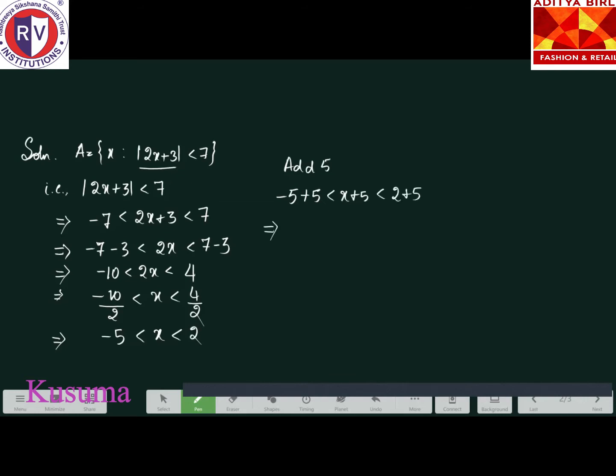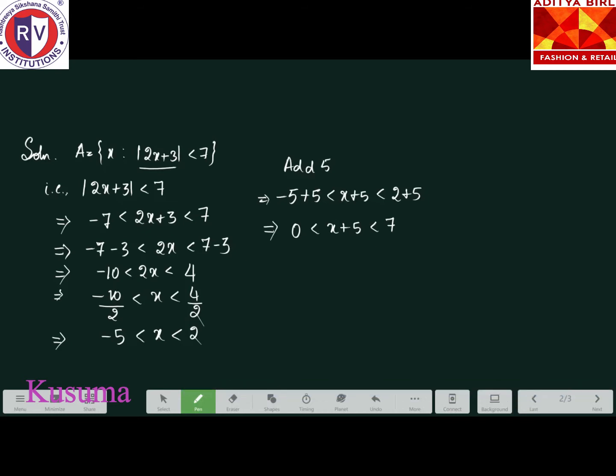That is, this will be equal to 0 less than x plus 5 less than 7. So this condition is given in option 1, that is D, the set D, which is the set of all x such that x plus 5 lies between 0 and 7.